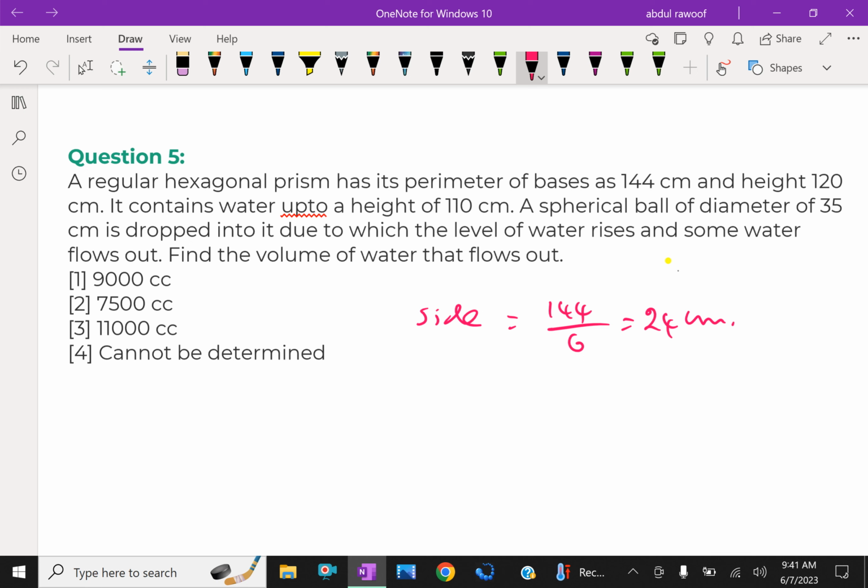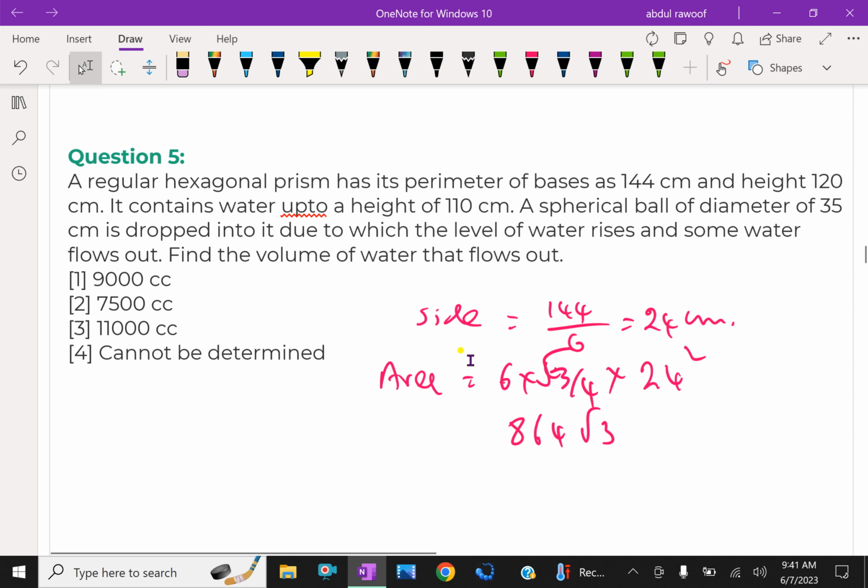Therefore, area of the base is 6 into root 3 by 4, because equilateral triangle a square, 24 square, which is equal 864 root 3. This is the area of the base.